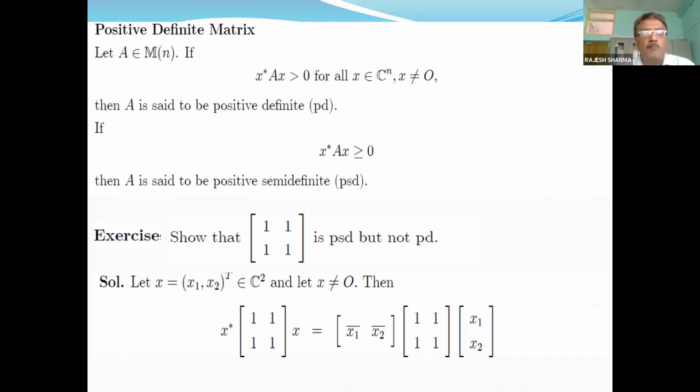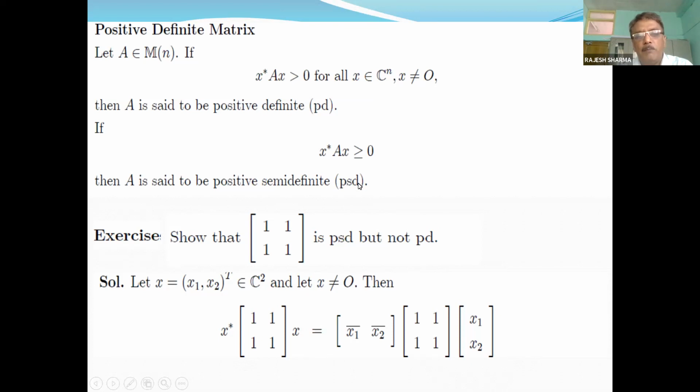Now the definition of a positive definite matrix. Let A be a square matrix. If x star Ax is strictly greater than 0 for all x belonging to Cn with x not equal to the 0 vector, then A is positive definite. And if x star Ax is greater than or equal to 0, then A is said to be positive semi-definite.